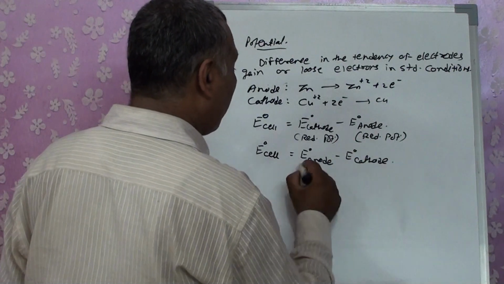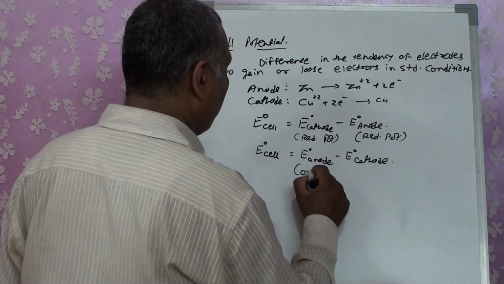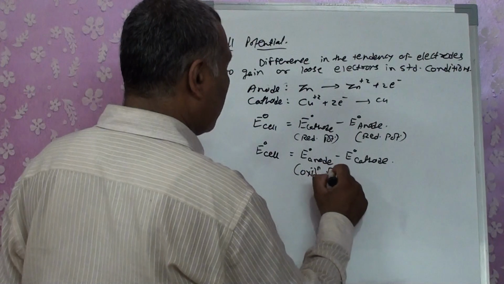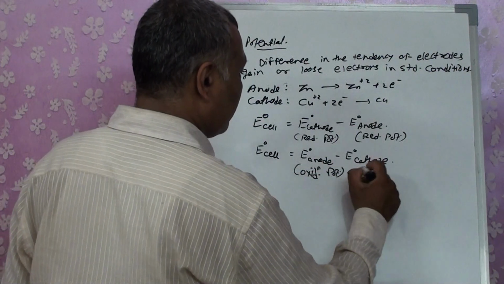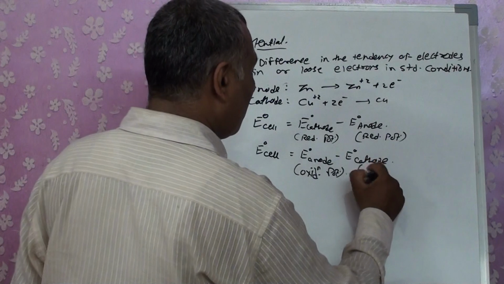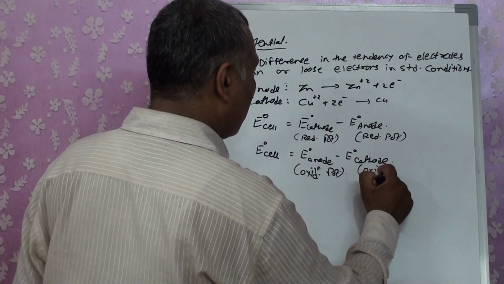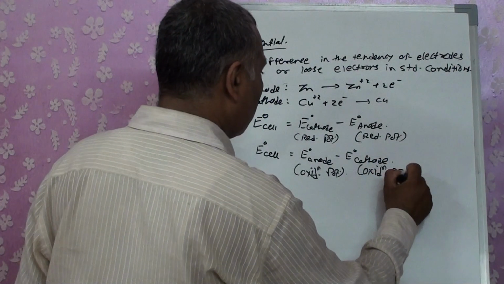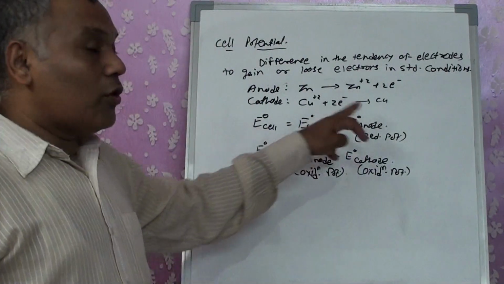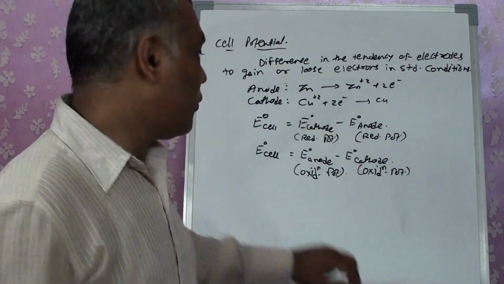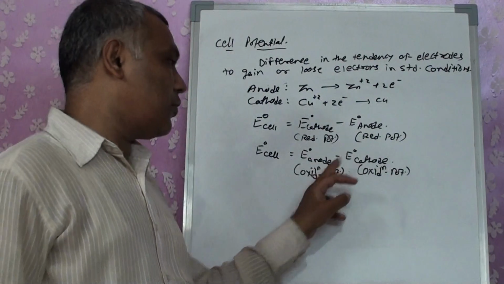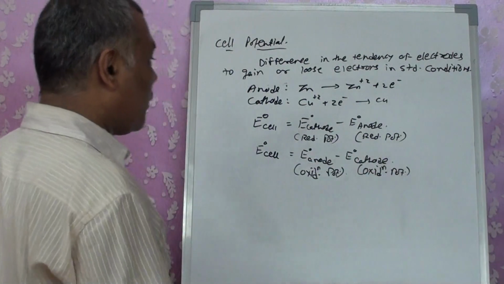So at that time, we will be taking the oxidation potentials. We will be going for both as oxidation potential. If I am writing cathode minus anode, I have to consider reduction potential. If I am taking anode minus cathode, I have to go for oxidation potential.